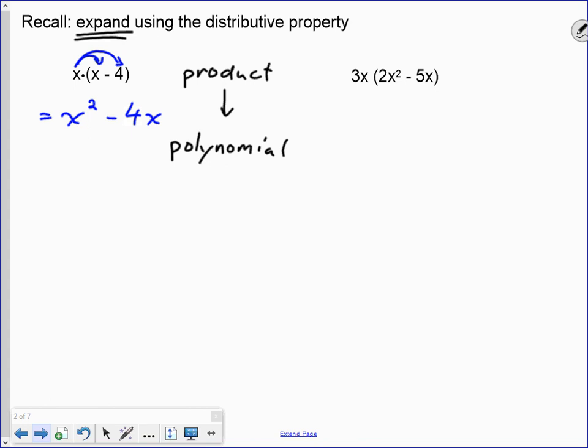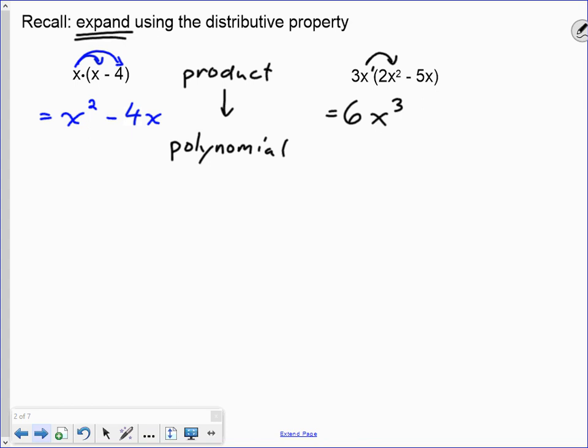And we could make this a little bit more complicated. If we had 3x, and we're multiplying it by 2x squared minus 5x. First we do the 3x times the 2x squared. We're going to multiply the coefficients, 3 times 2 gets us 6. And we are multiplying two powers with the same base, so we keep the x and add the exponents. x to the 1 plus 2 gives us x cubed.